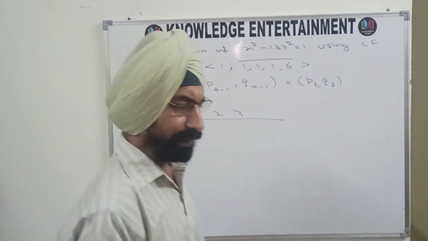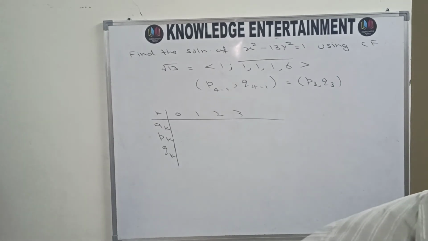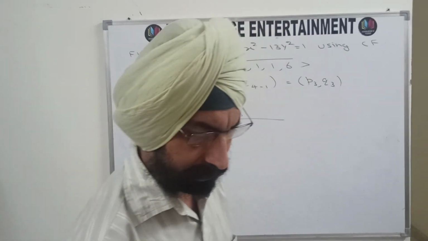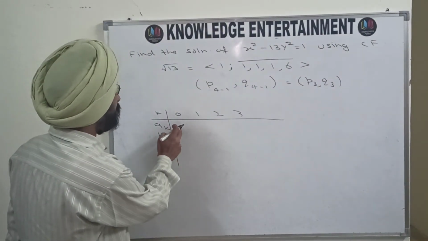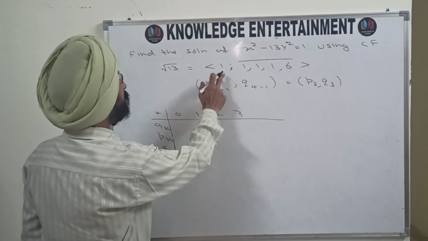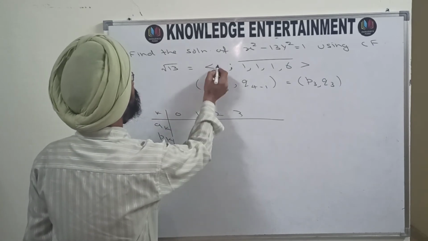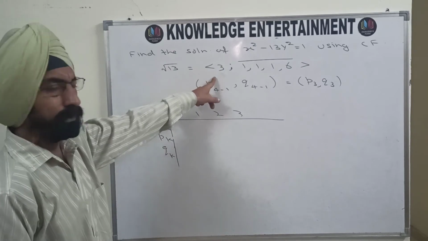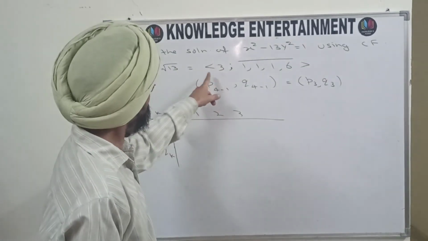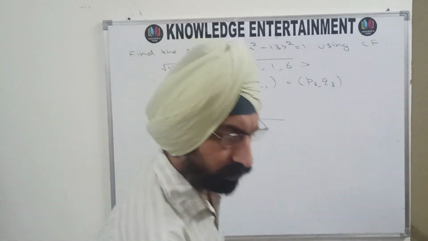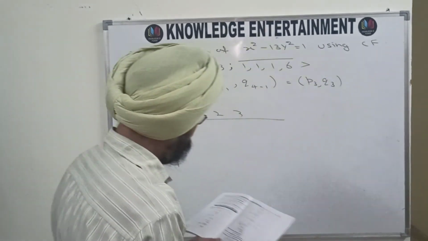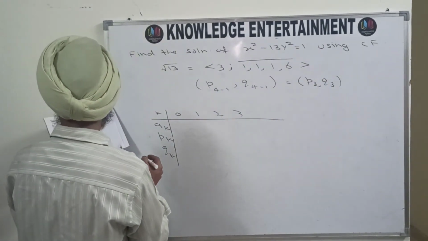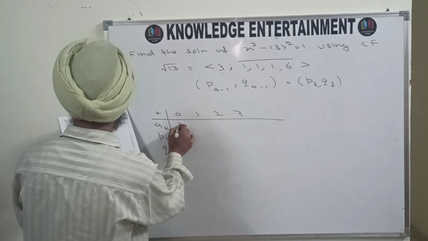For QK and PKs, you note that this is not 1, sorry, this is 3, because the integral part must be 3. Integral part, this is 3. And now these are the values I am taking here.